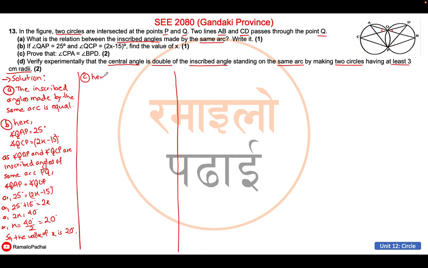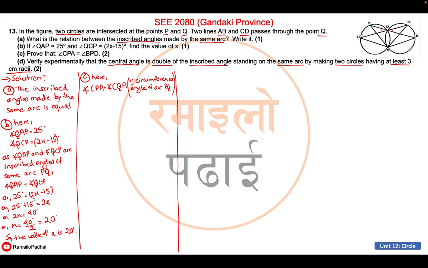Here angle CPA is equal to angle CQA. Why? Since circumference angles of arc AC.